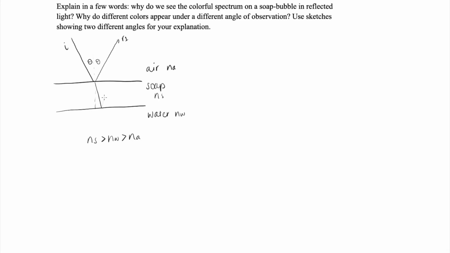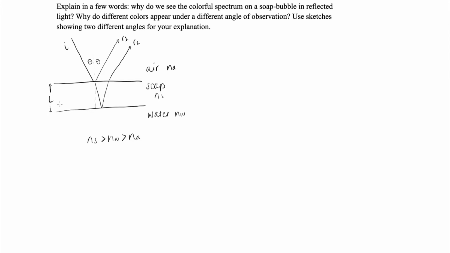And then we end up with a reflection at the bottom, and then we end up with a ray R2 that has gone through. Okay, so the thickness of our soap film is going to be L.